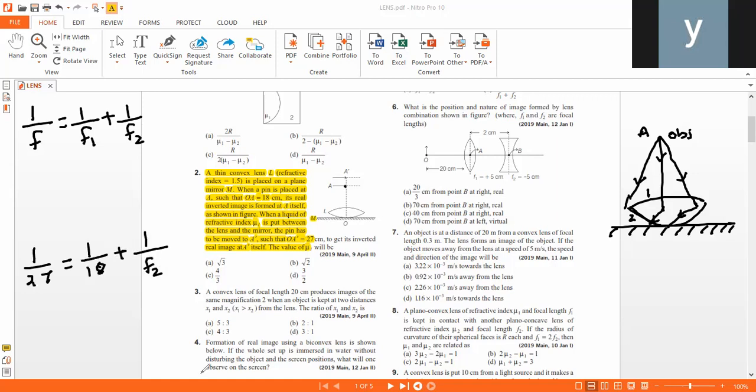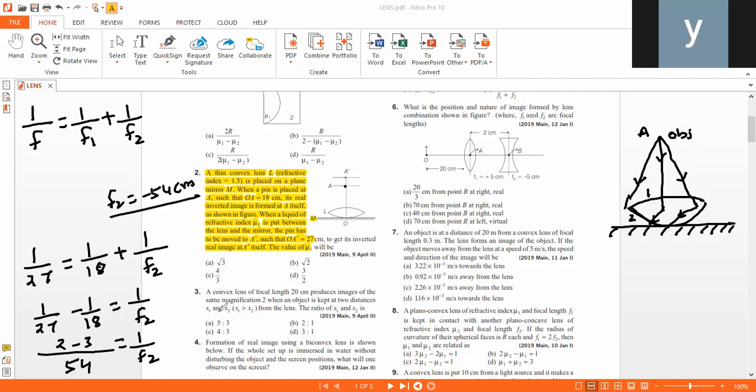So 1 by 27 minus 1 by 18 is equal to 1 by f2. The LCM will be 54, that is 2 minus 3, so 1 by f2 is minus 1 by 54. So f2 is equal to minus 54 centimeter.